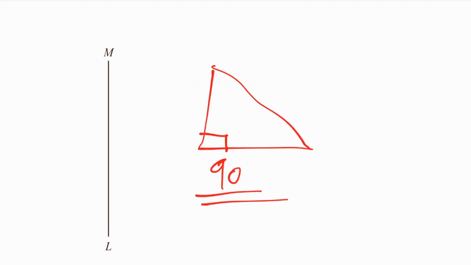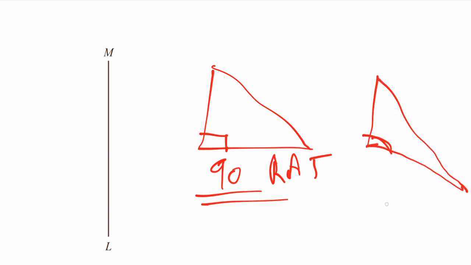When we divide by angle basis, a right angle triangle has one angle always equal to 90 degrees, called RAT. An obtuse angle triangle has one angle more than 90 degrees, so OAT.